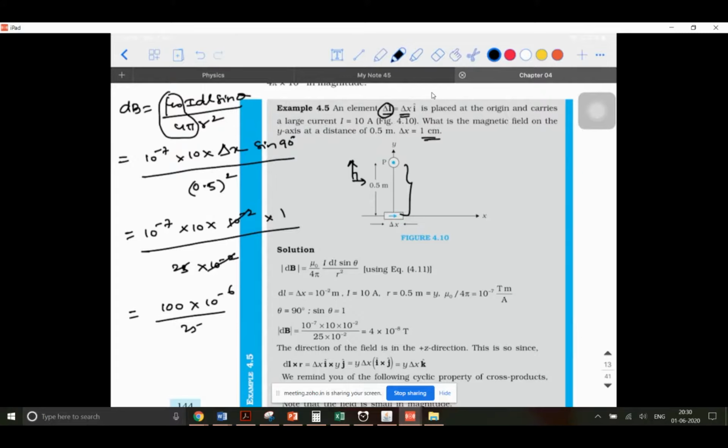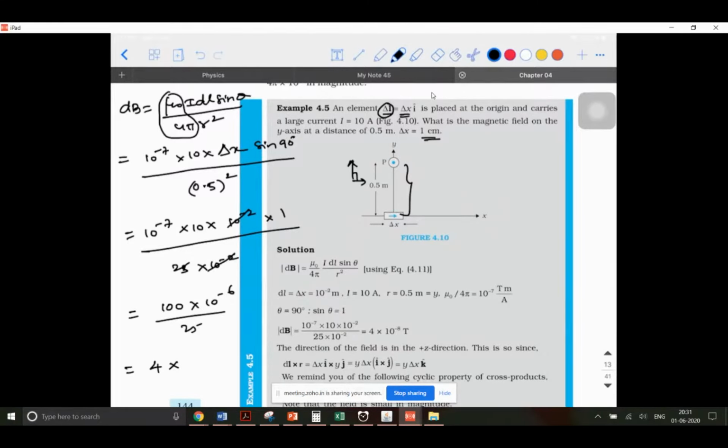So this should be equal to 4 into, did I make any calculation mistake? 10 power minus 7 into I is 10 into delta x is 1 centimeter. 1 centimeter is 10 power minus 2 into sine 90 is 1 divided by 25 into 10 power minus 2. So 25 and 4, it should be 10 power minus 6 by 25. You added 100 on the, where is my 10 power?